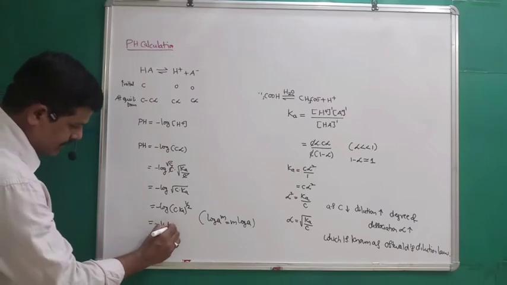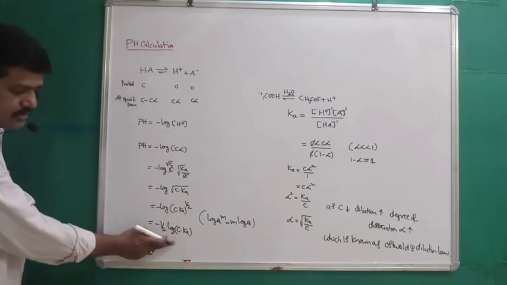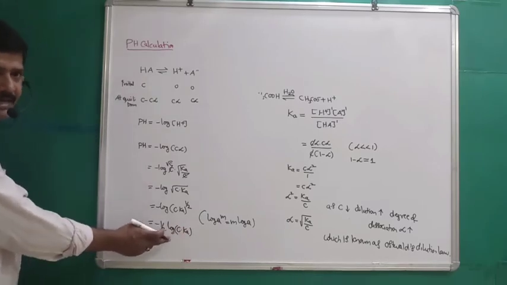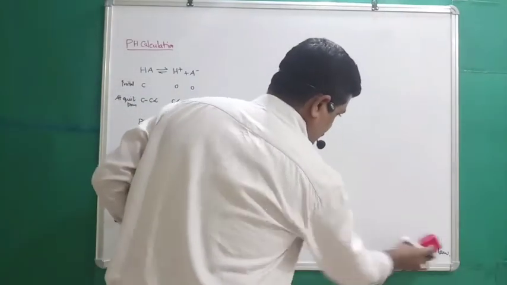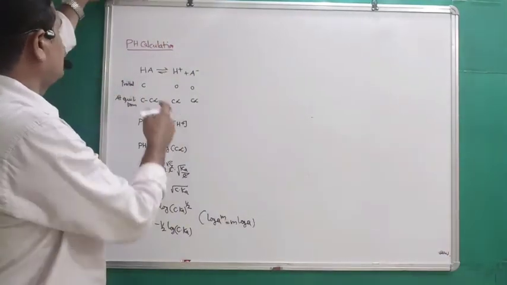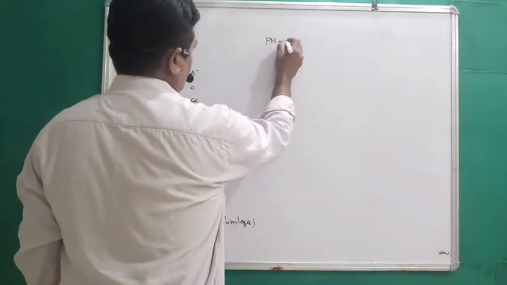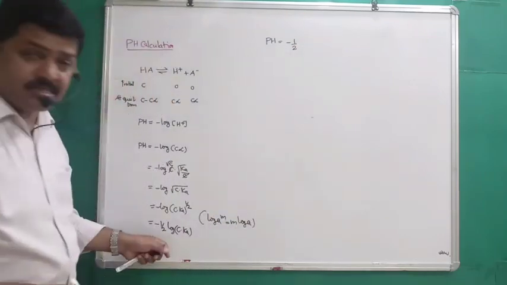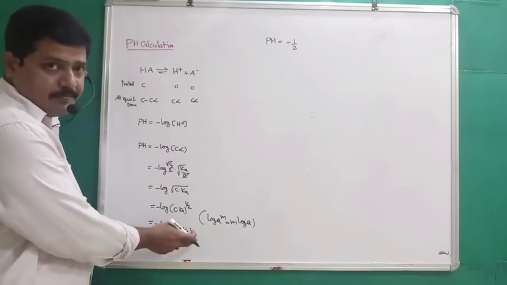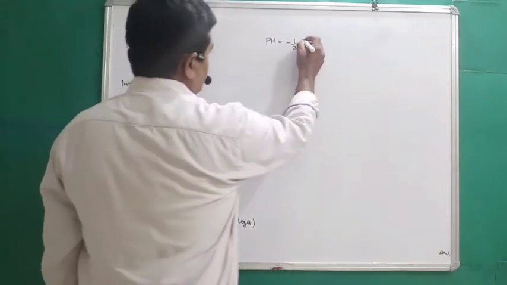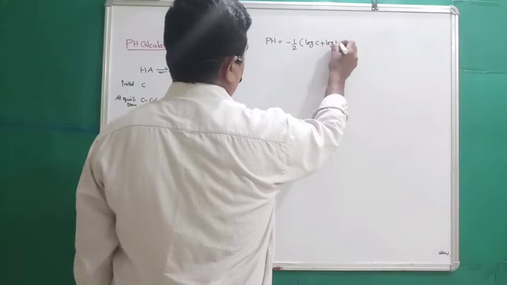So minus 1 by 2 log of C into K. This again we can expand by using the formula log of AB equals log A plus log B. So pH is equal to minus half into log C plus log K, right?